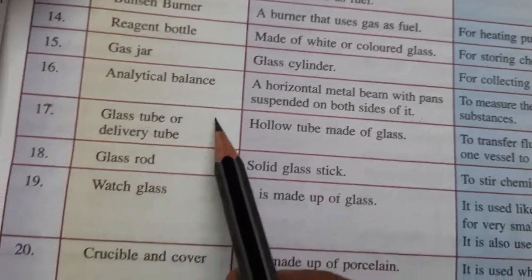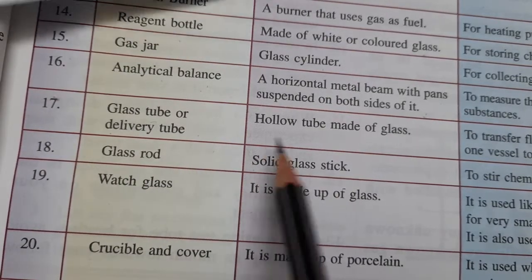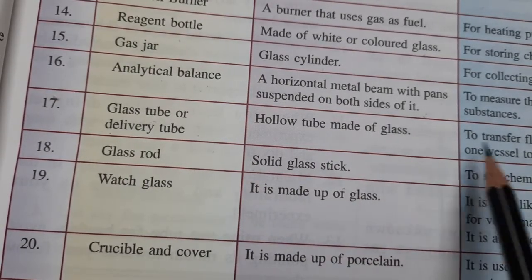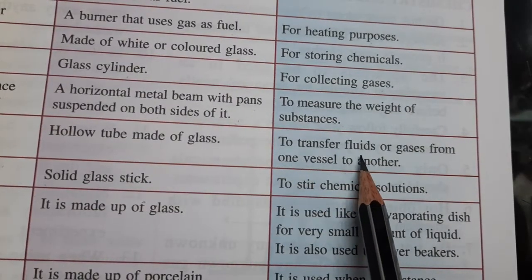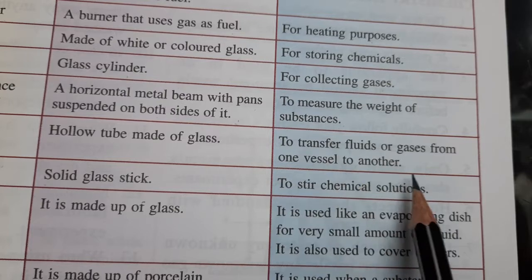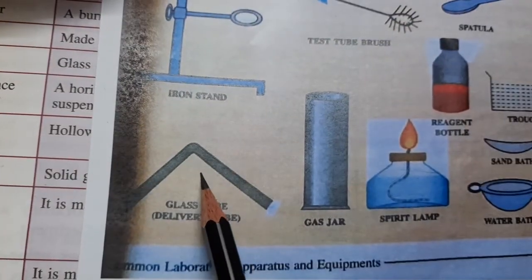Then the next one, the glass tube or delivery tube. It is a hollow tube made of glass, used to transfer fluid or gas from one vessel to another vessel. It looks like this, just like a bent straw.